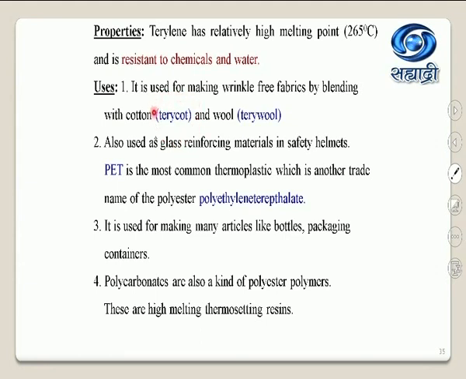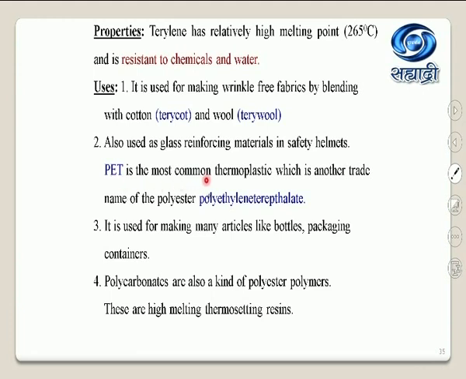That is terry for terylene and cot for cotton. Also it is blended with wool, and therefore it is known as terrywool. These are also used as glass reinforcing material in safety helmets.